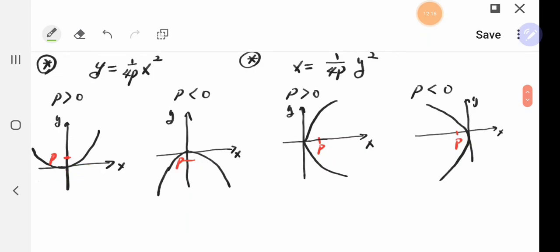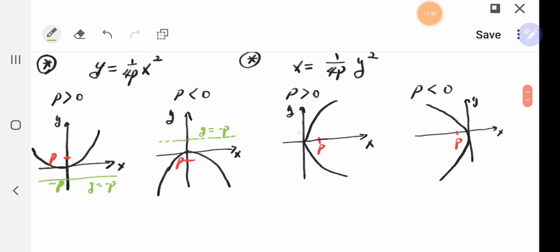So for this, this is the directrix, y equals negative p. This is negative p. Even this one, so this will be the directrix, the horizontal line in this case. The directrix is y equals negative p.